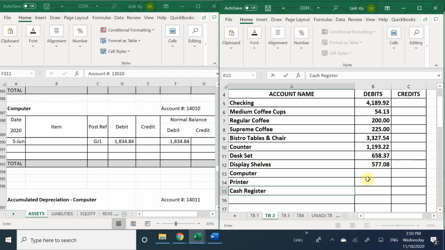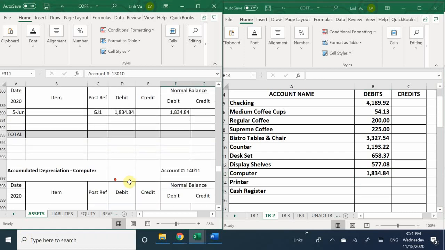Okay. So first things first is going to be our computer. $1,834.84. Right. Okay. Good. All right.